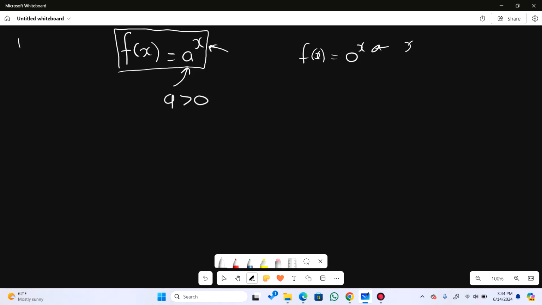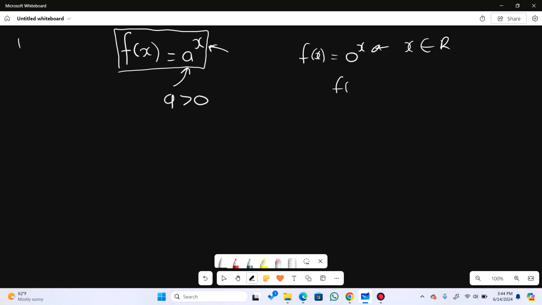For x being any real number, that means that our function now will lie on the x-axis. There will not be any function in that case, and hence why we do not include the 0.